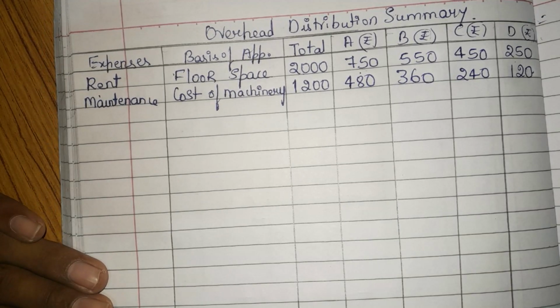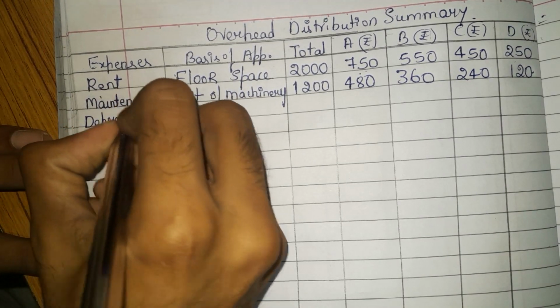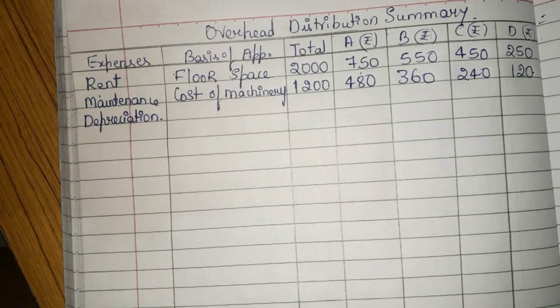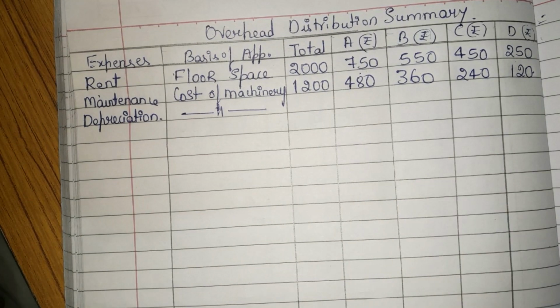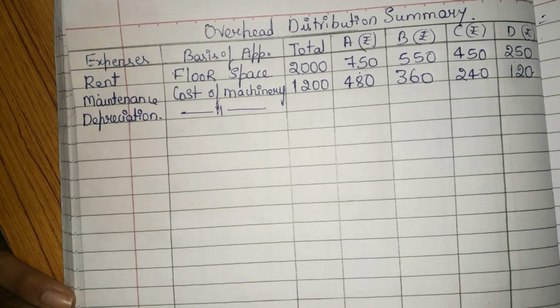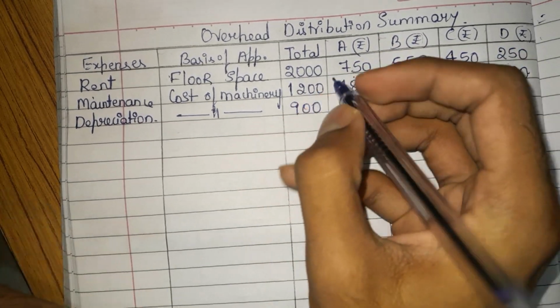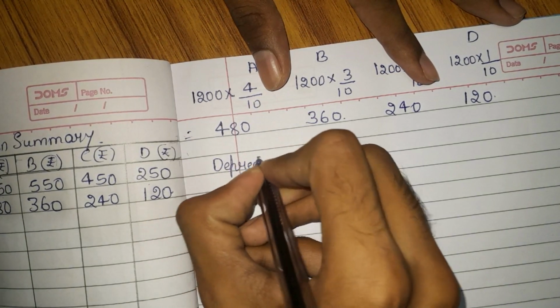Next we are having depreciation. So that we need to write here. Depreciation, on what basis will we do? Depreciation, same thing, on the basis of cost of machinery we will do. The same ratio. Now what is the total value of depreciation? The total value of depreciation is 900. So now here the same thing, let us calculate.